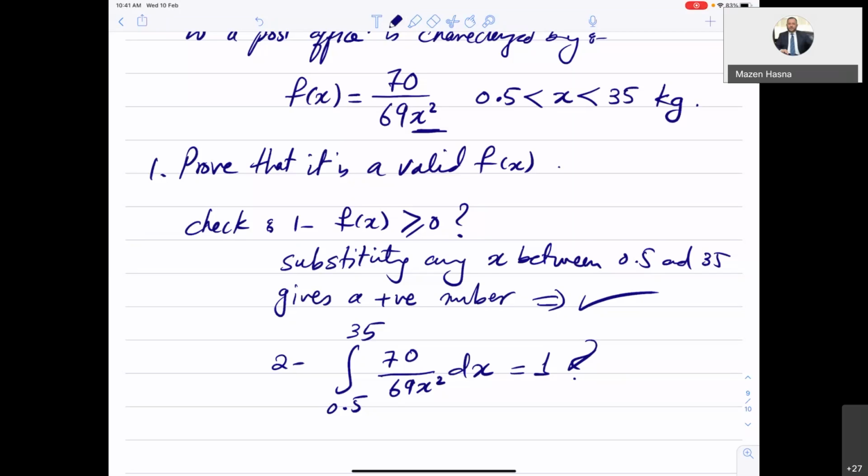So you have to write that it is valid, like I write here: substituting any x between 0.5 and 35 gives a positive number. So it's always positive. It's better to write f of x is greater than 0 for all x in the range.